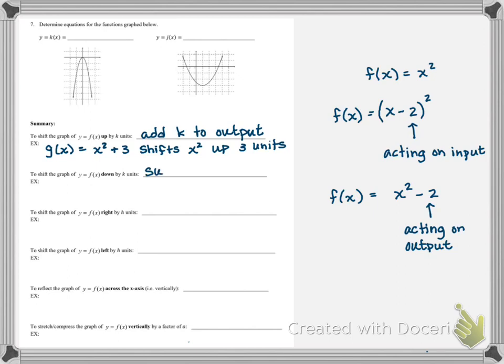So subtract k from the output. So if I start with x, square it, and then subtract 3, that's going to shift x squared down 3 units.